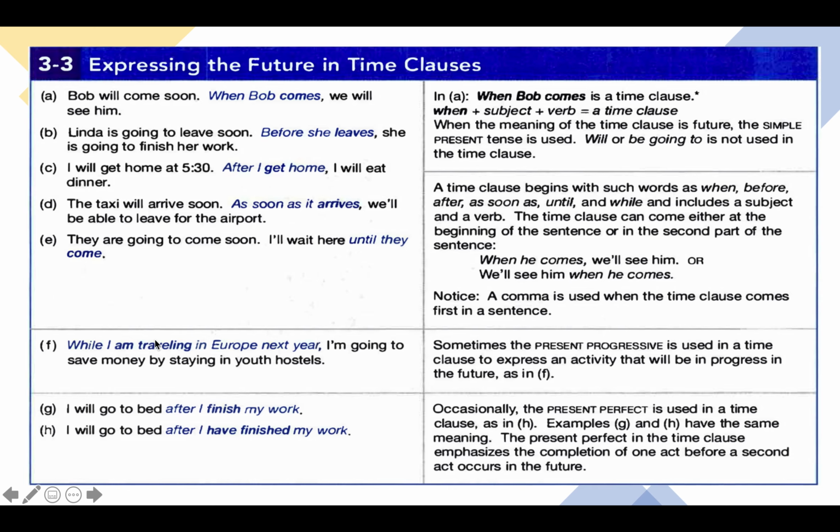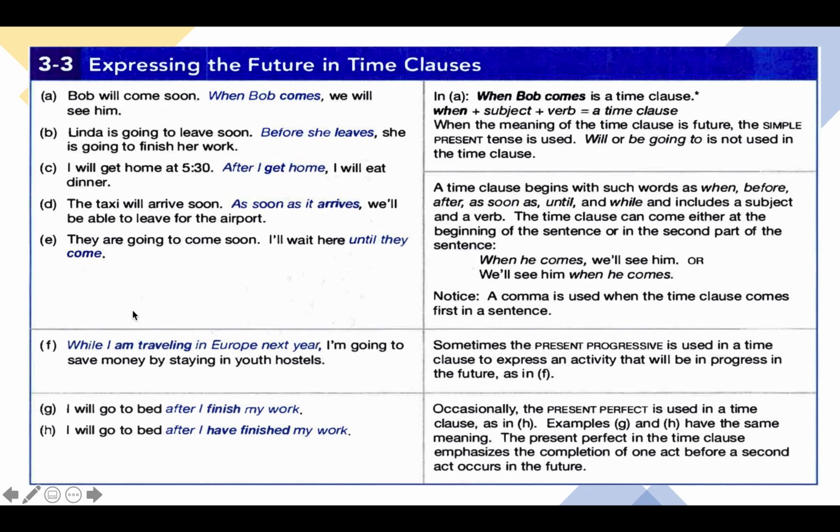Now, another scenario is when we have a long action in the future. Normally, for a long action in the future, we should use future continuous, as we're going to see in the following charts, okay? But here, we can't use future continuous. We can use, instead of that, the present continuous. Why? Because again, we have a time clause. While I am traveling in Europe next year, I am going to save money by staying in youth hostels.